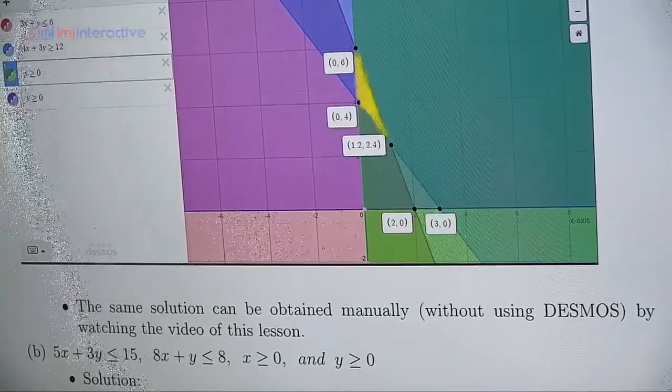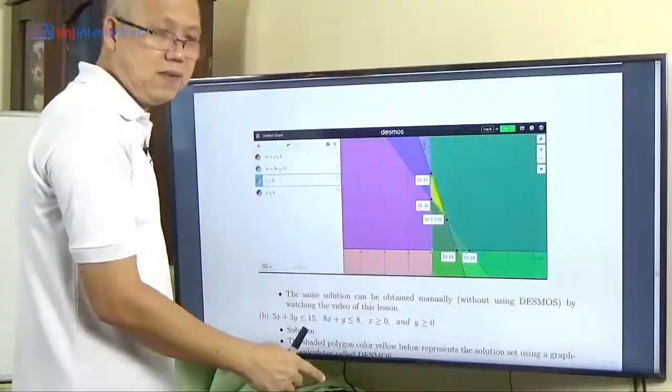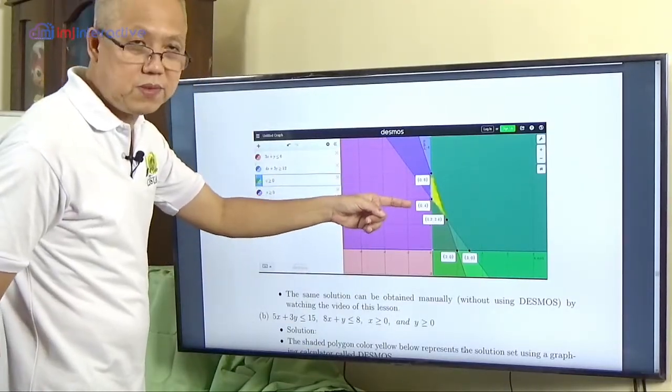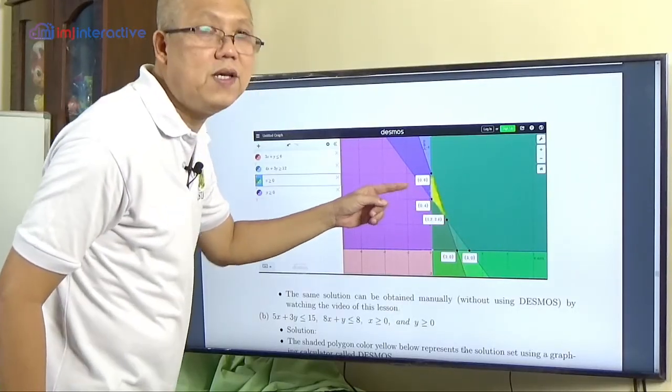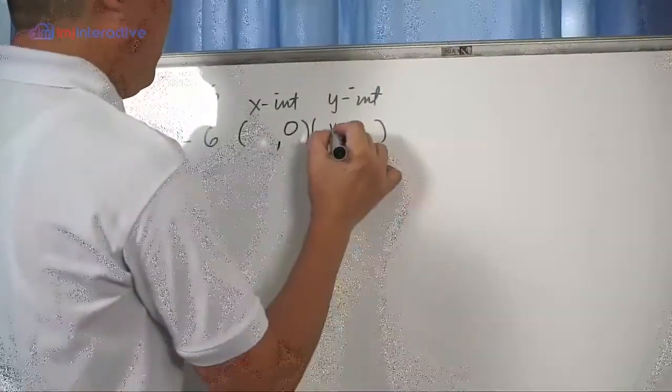That is the set of points where the line crosses the y-axis. So these are examples of y-intercepts. If you look at the coordinates, the value of x is 0. So, to get the x and y-intercept, when we say x-intercept, y is 0. When we say y-intercept, x is 0.